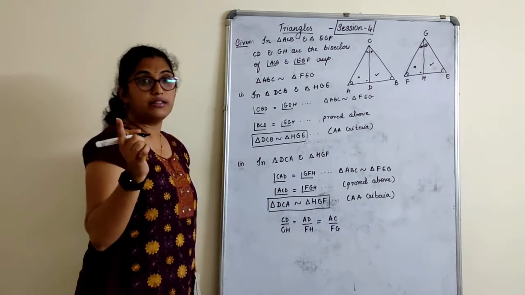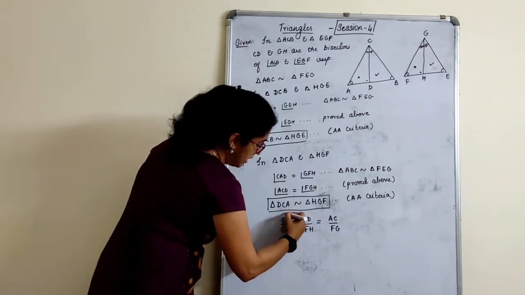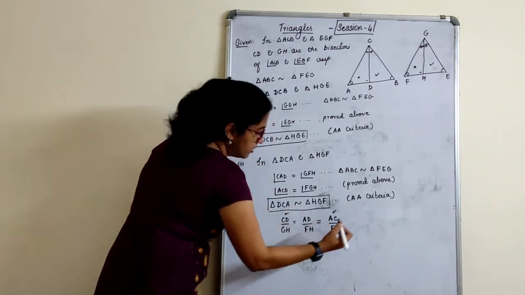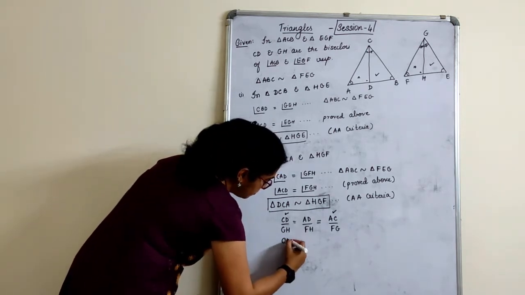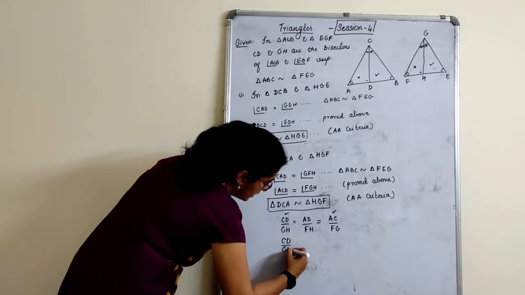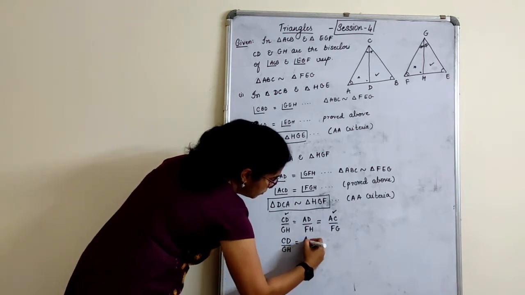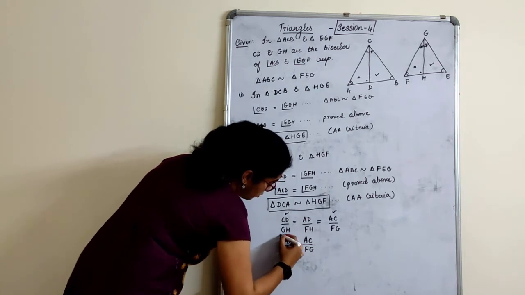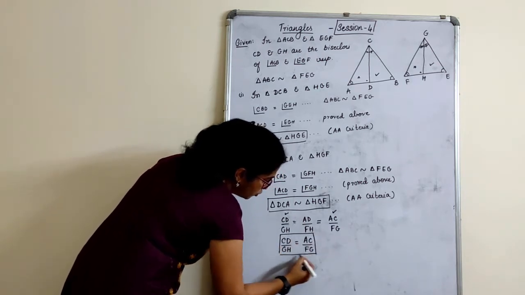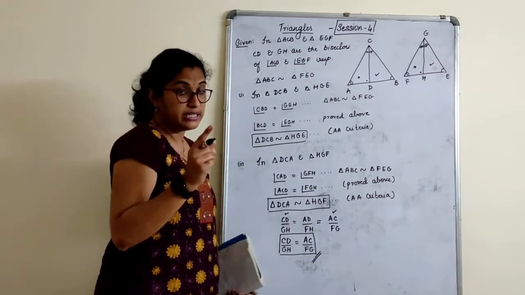Which two do you want in this? You have to choose. I want the first one and I want the last one. Two proportional sides. Rewrite it: CD upon GH is equal to AC upon FG. I hope it is very clear. No confusion in this. I'll repeat once again now.